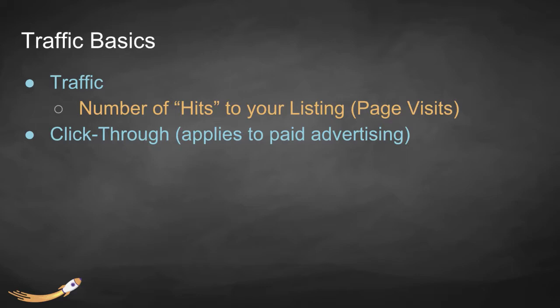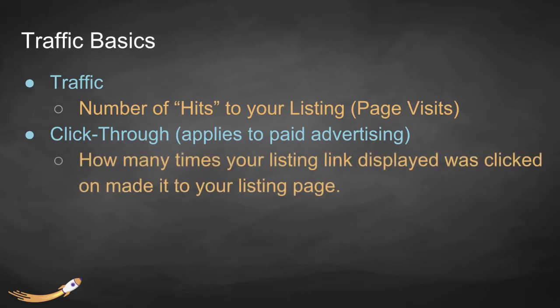So if somebody searches for garlic press on Amazon and hits enter, then sees your listing on the first page and clicks on it, that's a click-through. And that's just a metric. It's how many times your listing link is displayed and clicked on and they made it to your listing page. So if you see a click-through rate, a CTR, that's the number of times somebody clicked on your listing.